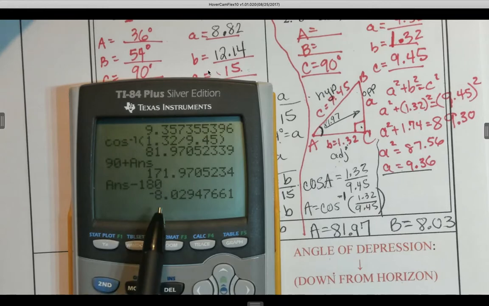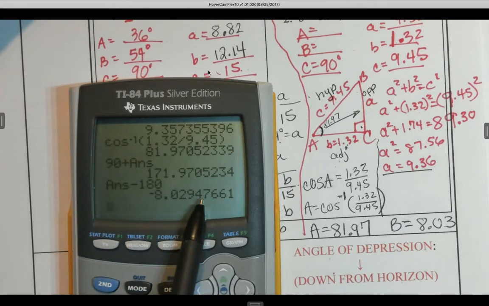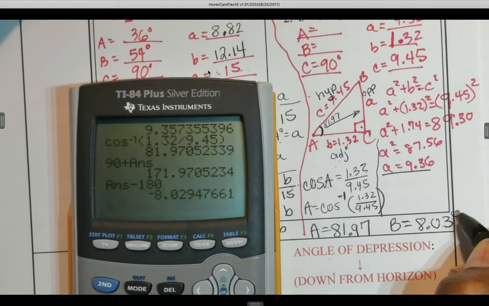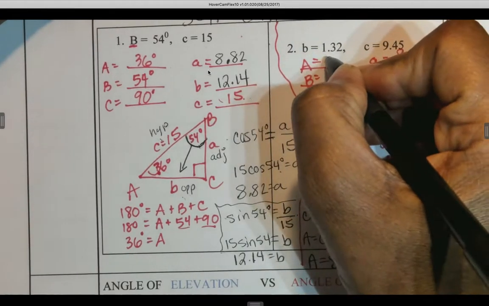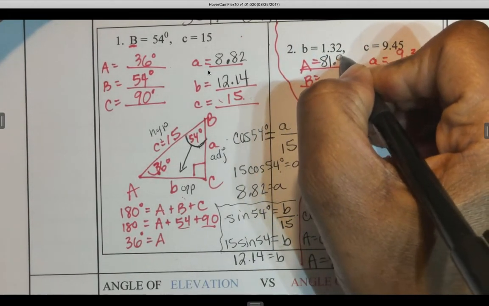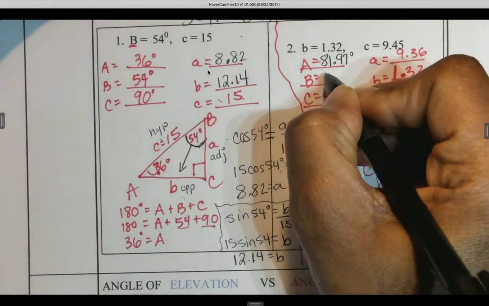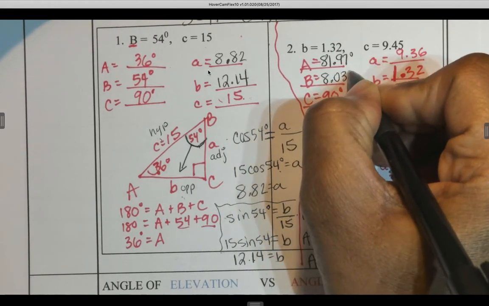Ignore the negative there, right? It should be 180 minus the answer. So it's just 8.03 degrees. So everything here is in degrees. So now I know angle A is 81.97 degrees. Angle B is 8.03 degrees.